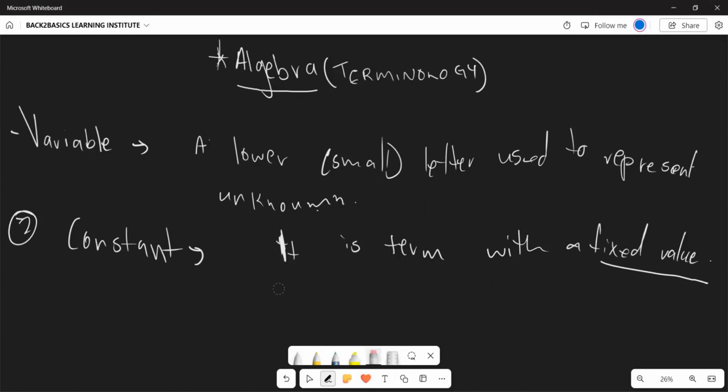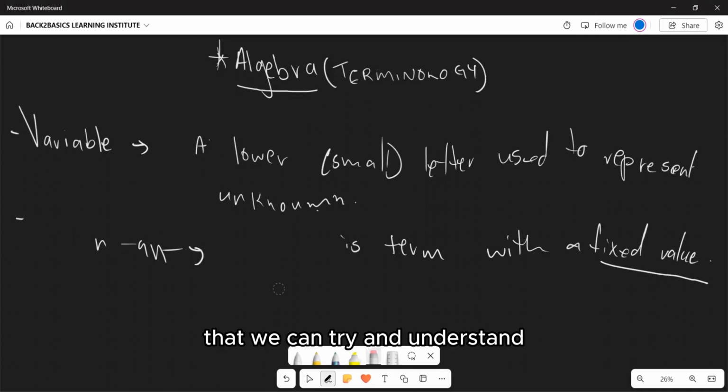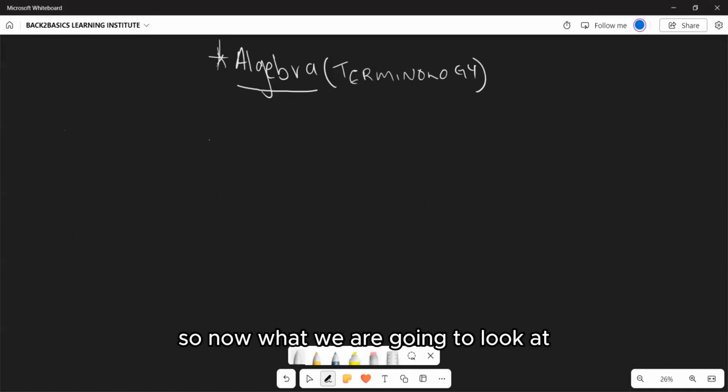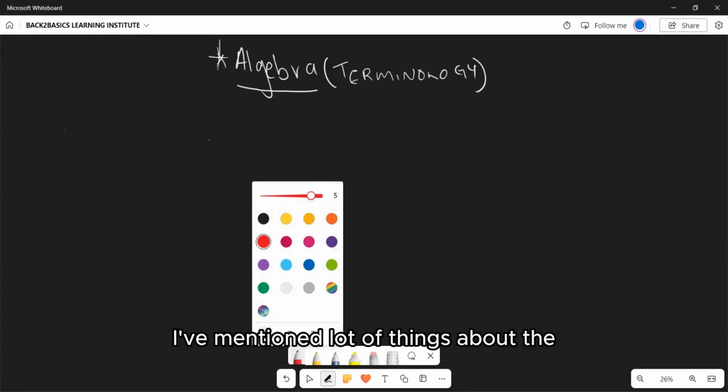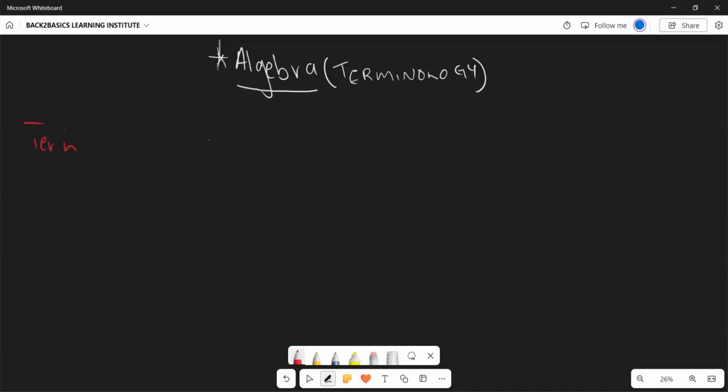Now let's look at another way that we can try and understand. Surely you've heard me mention a lot of things about this word term, right?